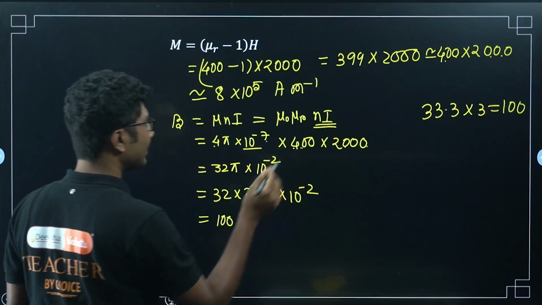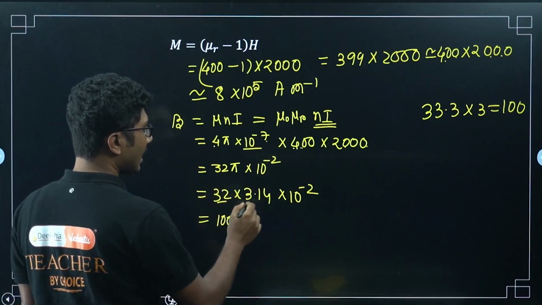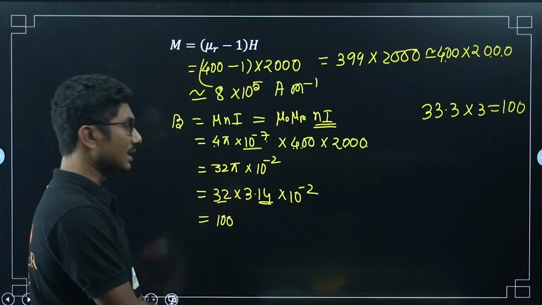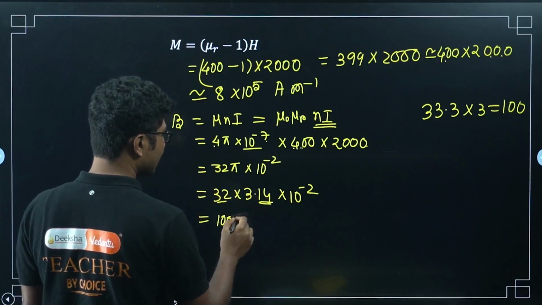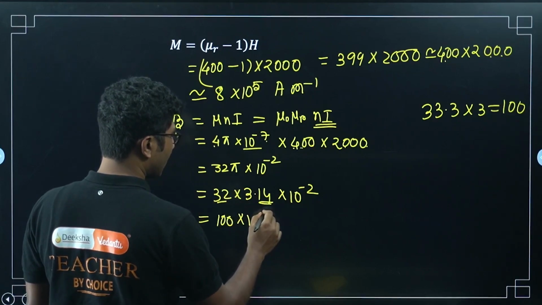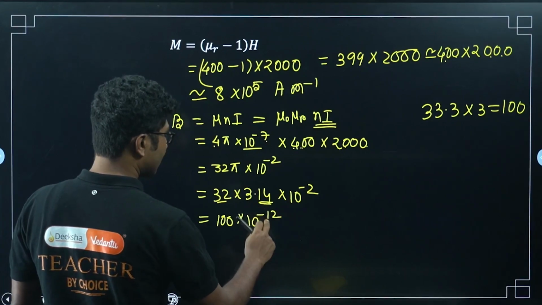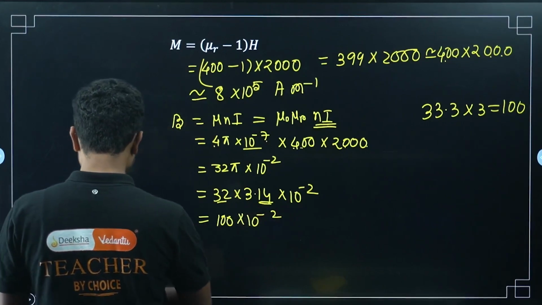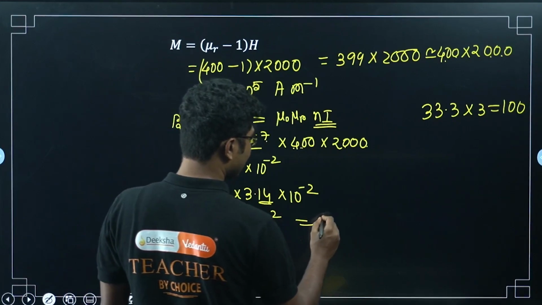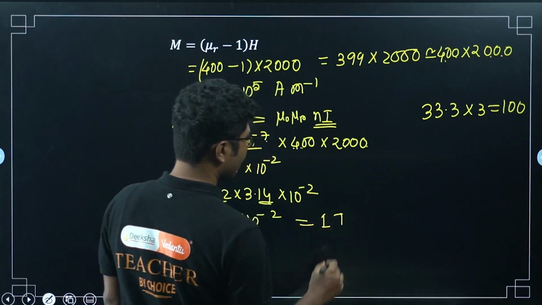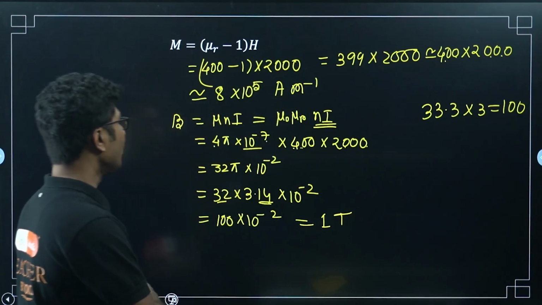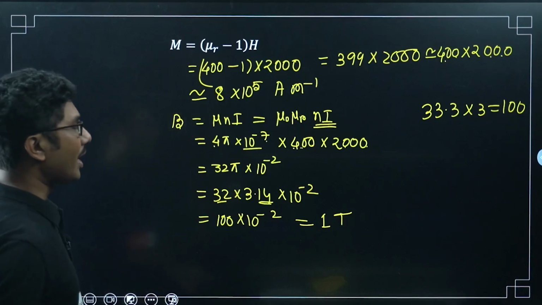Similarly, 32 is here and 0.14 extra in the multiplication, so approximately you can round this to 100 and minus 2. So minus 2 is basically divided by 100, and 100 divided by 100 is 1, and the unit is Tesla. You need to remember that. So the magnetic field comes out to be 1 Tesla.